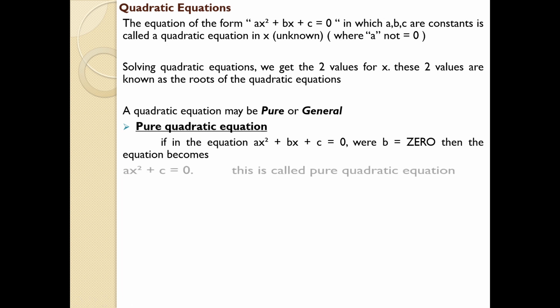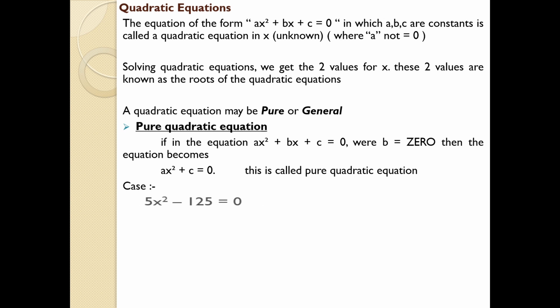So it will be like this: ax square plus c equal to 0, because the value of bx will be 0 or nil. So it will be represented as ax square plus c equal to 0, and it is known as pure quadratic equation. We will discuss a small case relating to that.